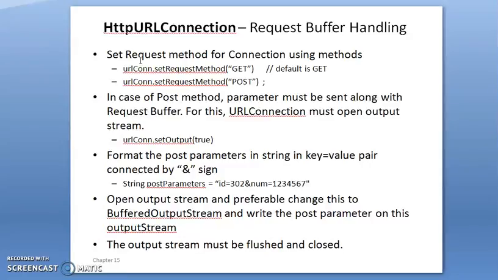And then we open the output stream, preferably wrap it in a buffered output stream or buffered writer, and write the post parameters on this output stream. The output stream must be flushed and closed.